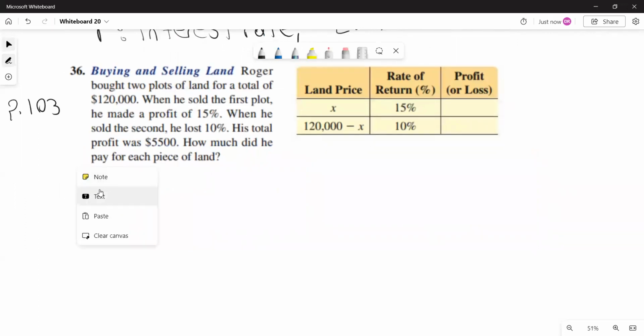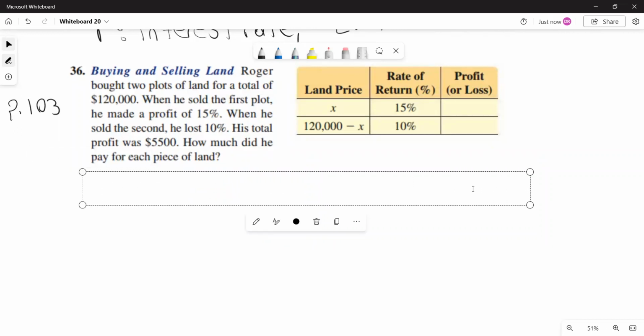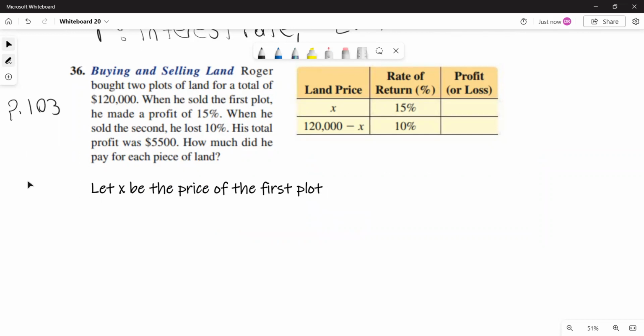Okay, so let X be the price of the first plot. He bought 2 plots of land for a total of 120,000. That means 120,000 minus X is the price of the second plot.